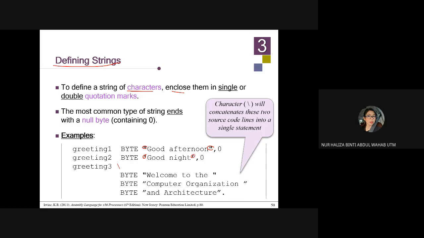Also, normally in commands, you're going to end with a 0 at the end of your string. You can also write it in several ways. You can have good morning, good afternoon, good evening, but normally it's going to have the 0 at the end of the characters.